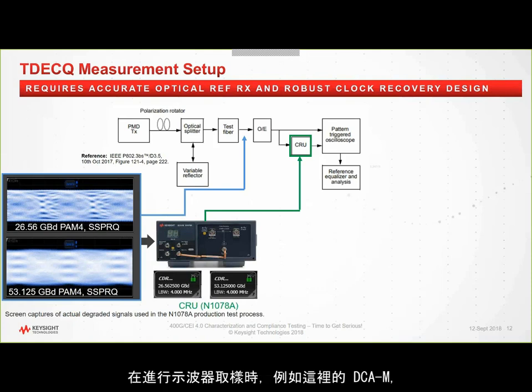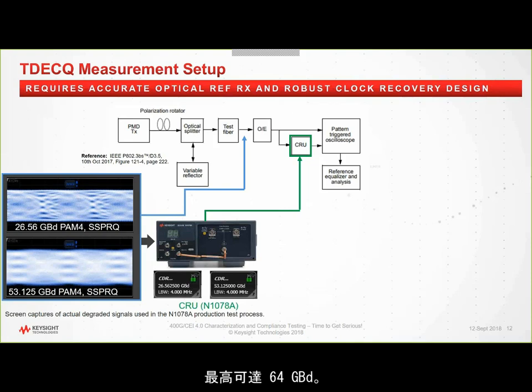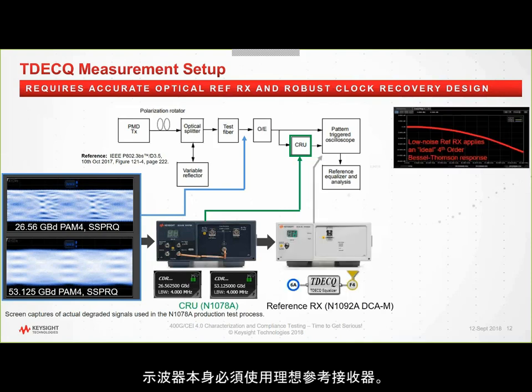In the case of a sampling oscilloscope, such as the DCA-M shown here, we have a new N1078A that's capable of locking onto optical signals, whether they're running at 26 or 53 or anywhere in between, all the way up to 64 gigabaud.